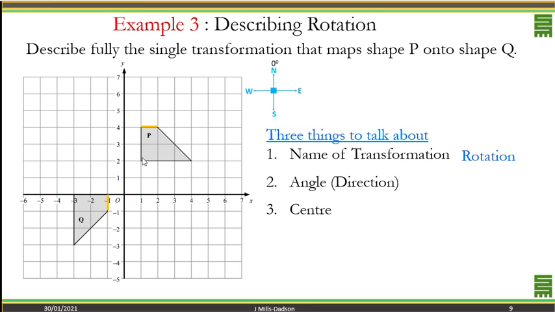Okay, it's P to Q. And you realize that on P, the north side, is now facing east. That can only happen when you move from north to east, and north to east is 90 degrees clockwise. So this is also 90 degrees clockwise.